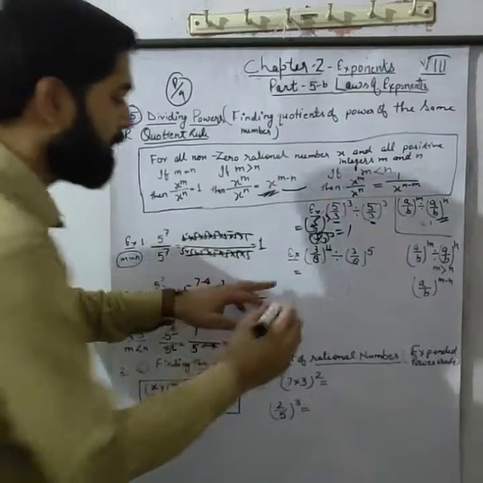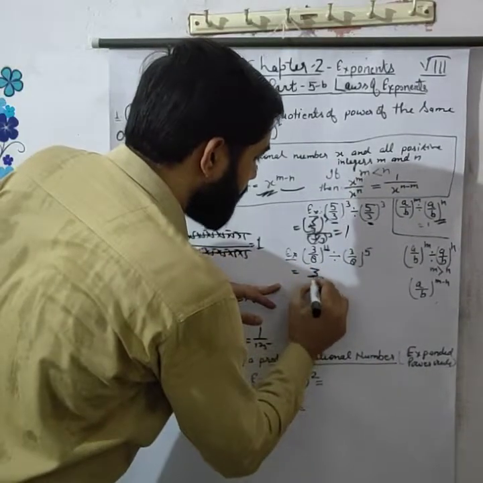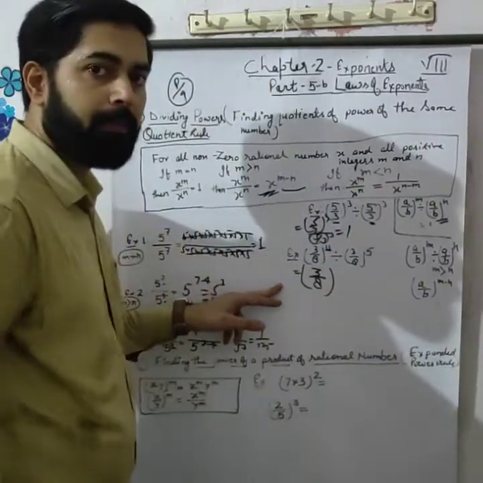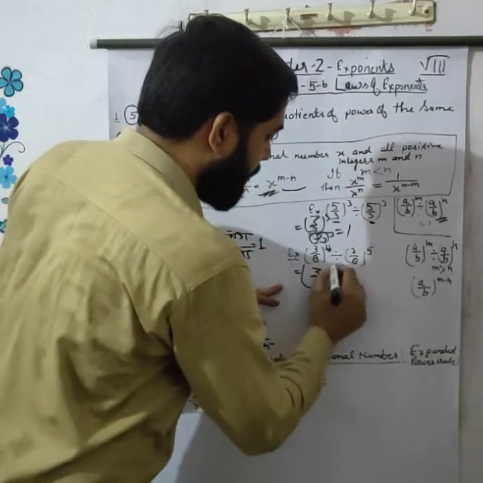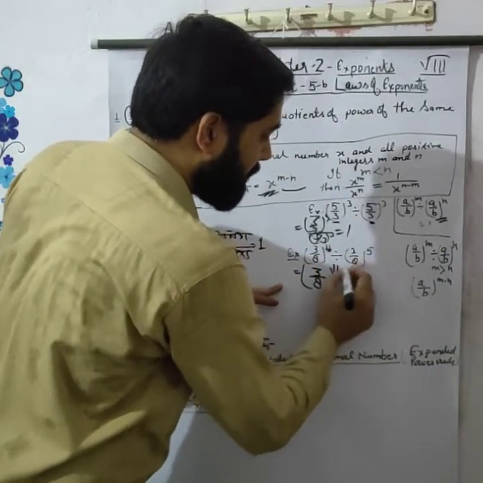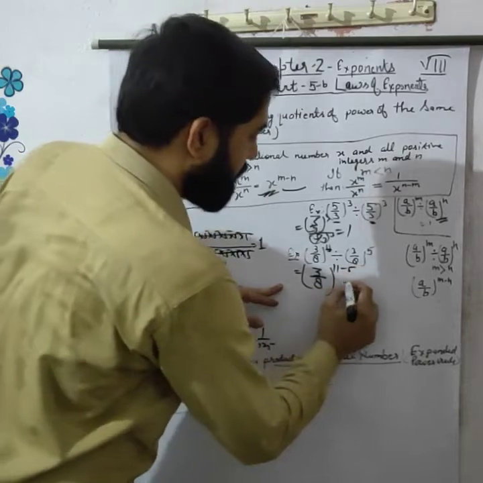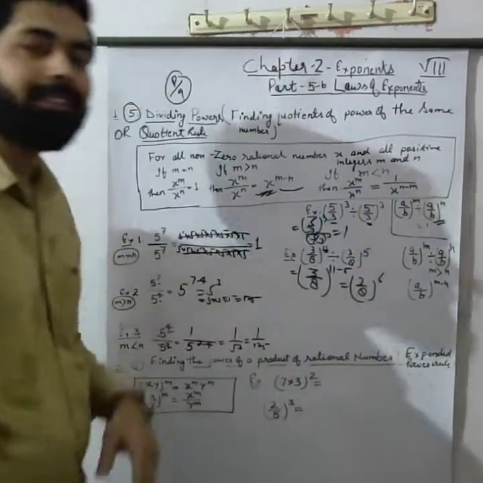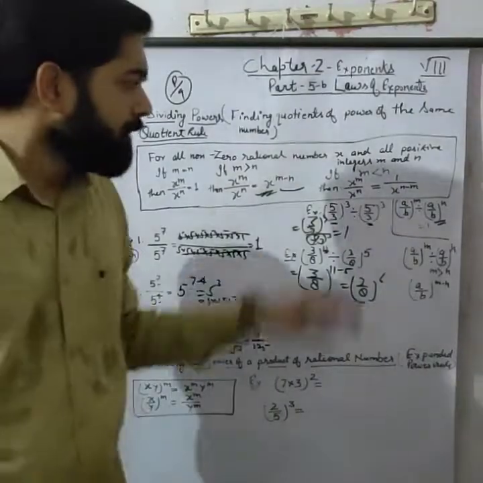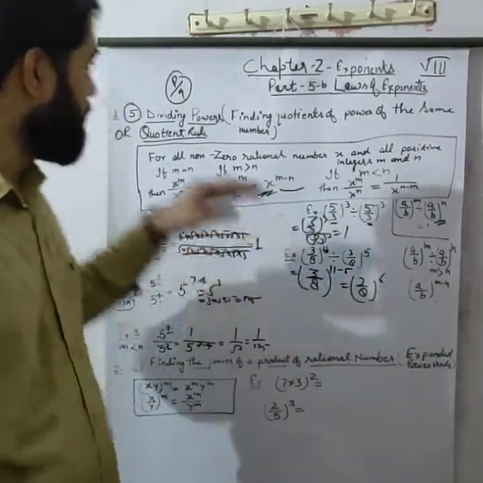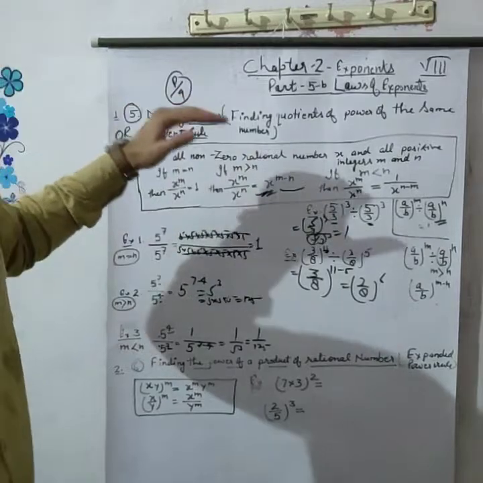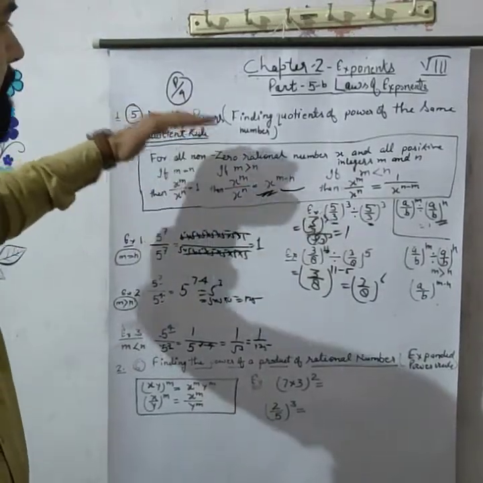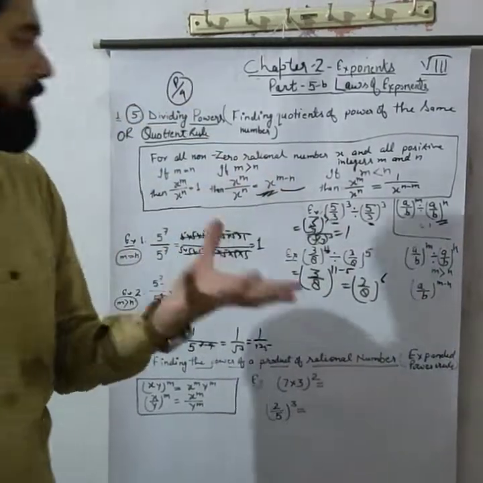So we can write 3 upon 8 raised to the power, what is m? 11. What is n? 5. 11 minus 5, so 3 upon 8 raised to the power 6. This is the fifth law of exponents, and you can also call it the quotient rule.